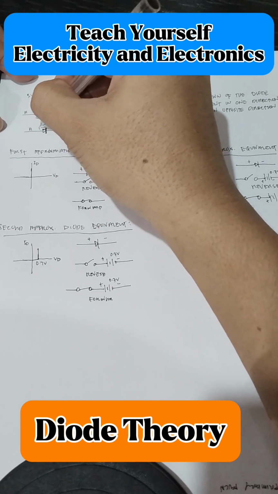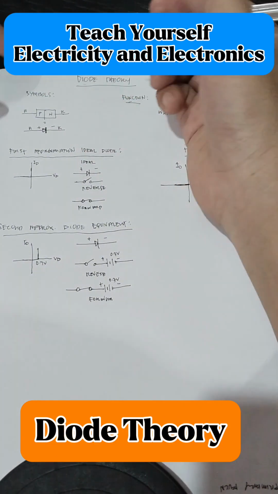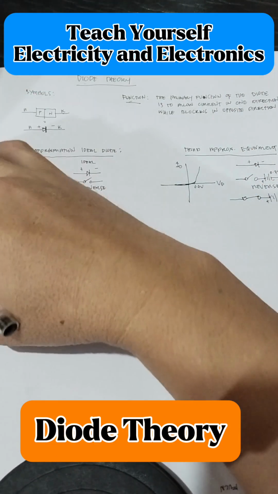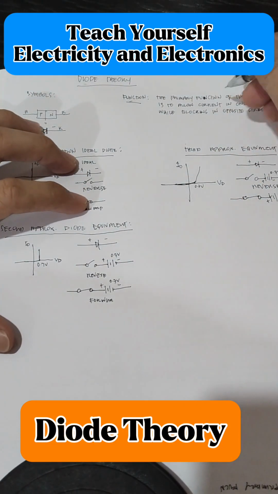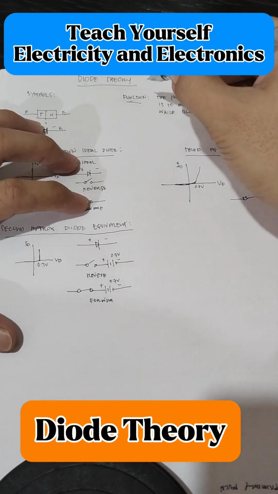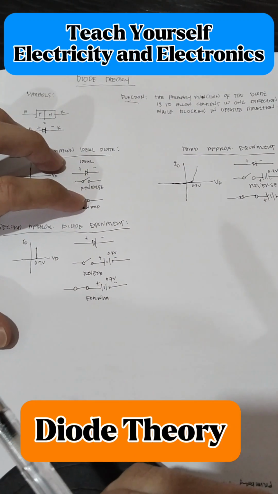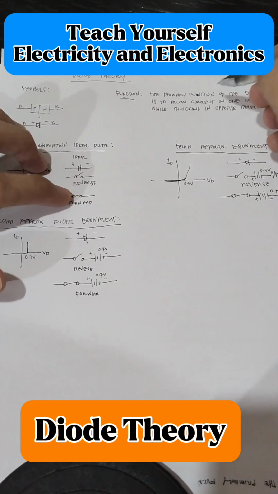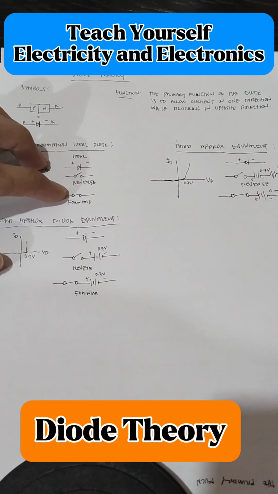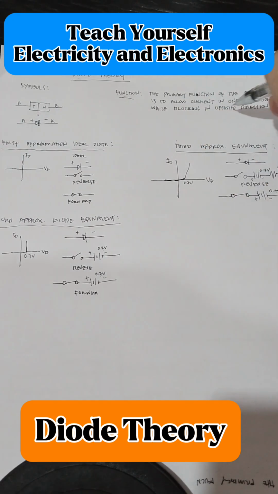So this is positive, this is negative. Okay, and the primary function of a diode is to allow current in one direction while blocking in the opposite direction.